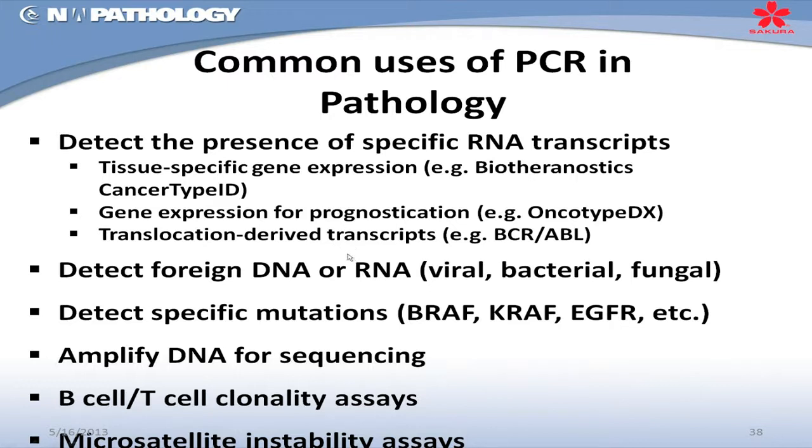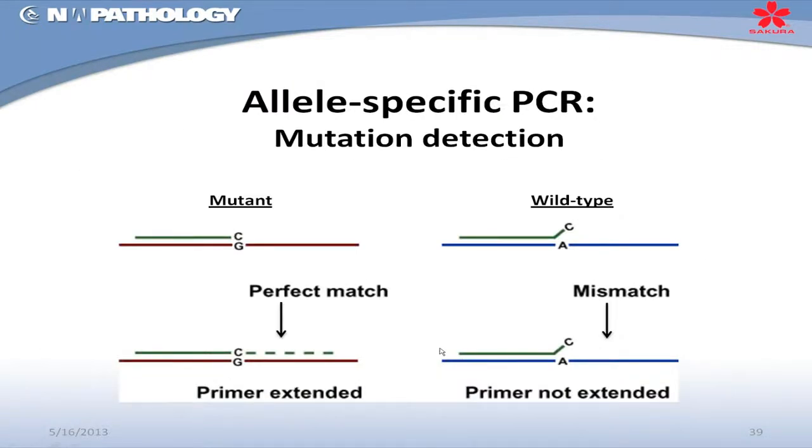We can also use either reverse transcription PCR or regular PCR to detect DNA and RNA molecules that shouldn't be there, for example, viral, bacterial, and fungal molecules. And we can use it to detect various mutations in tumors, which I'll describe in a moment. I'll skip these. These are various other uses of PCR that we won't go into detail of.